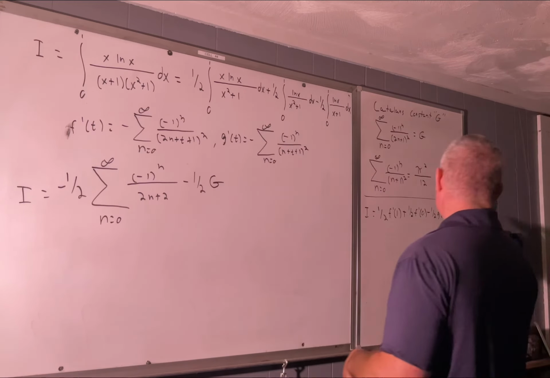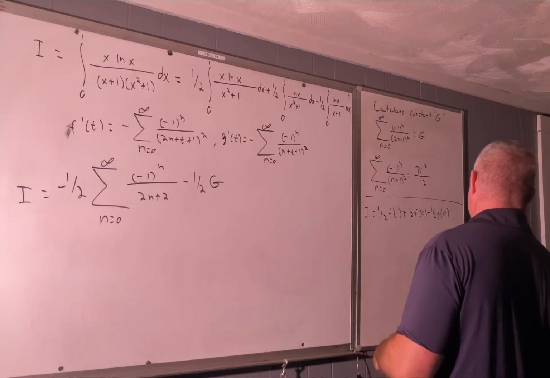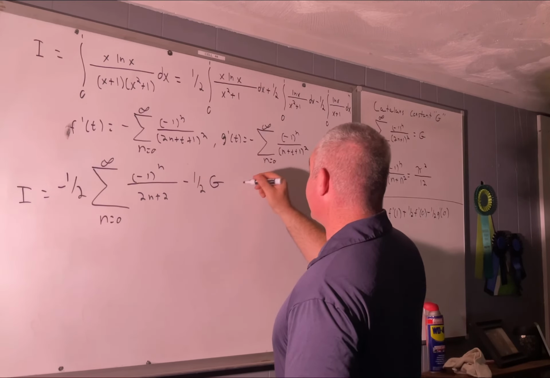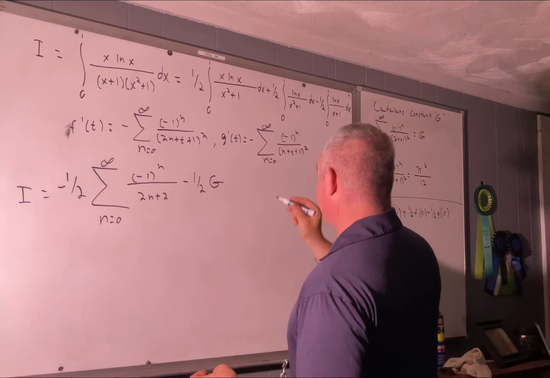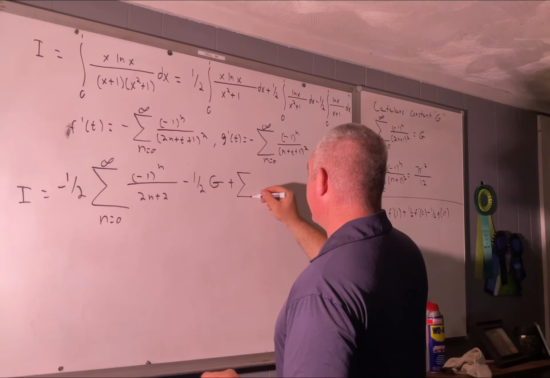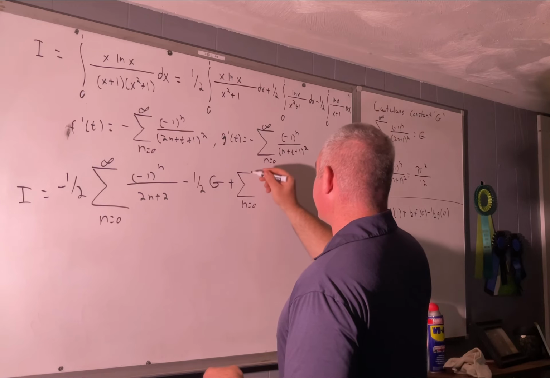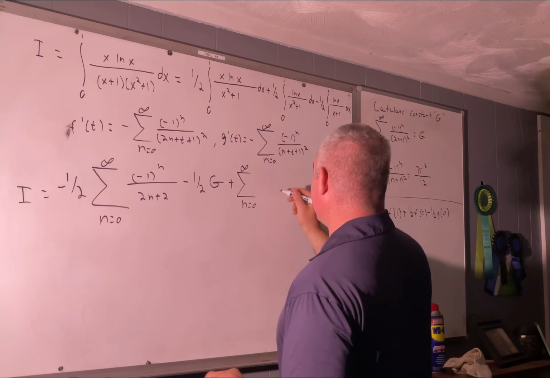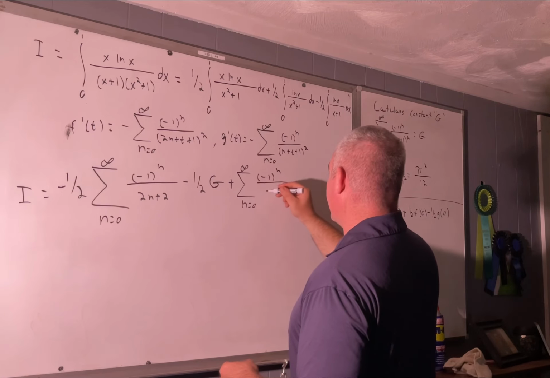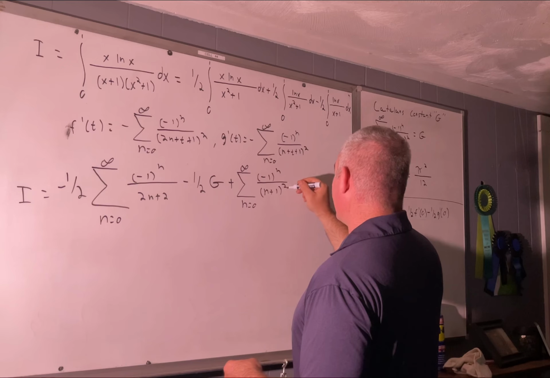And then we also have minus 1/2 g prime at 0, which would be minus, which is going to be a plus, the sum as n equals 0 to infinity of (-1)^n over (n plus 1) squared.